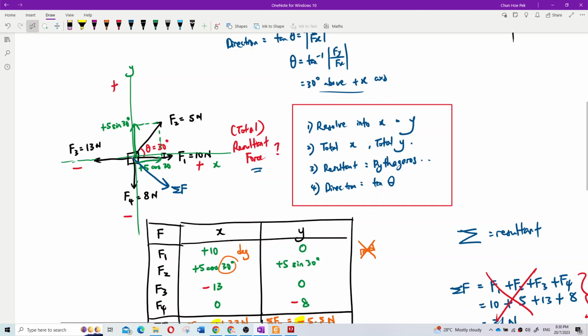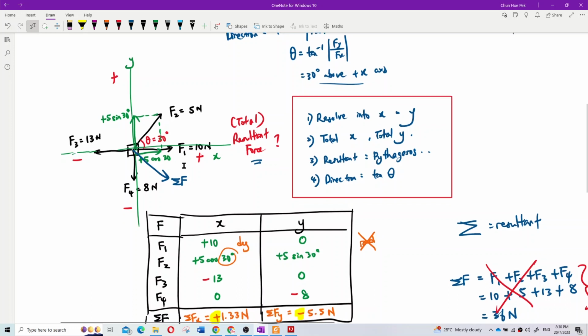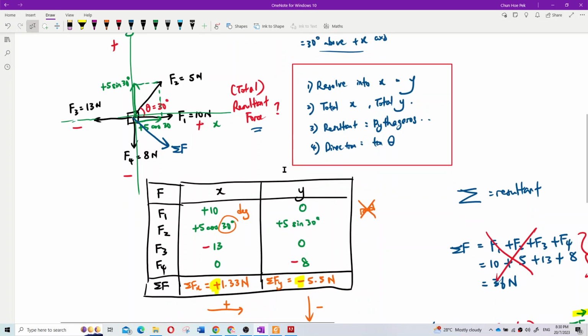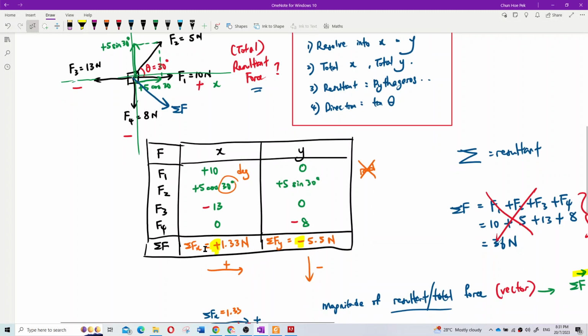Because the forces act in opposite directions, they cancel each other, so they become a lesser force, not a stronger force. You understand, class? So that's why we need to resolve into x and y components. We need to find the total x and total y by considering the positive and negative signs. If there is a positive component and a negative component, they cancel each other and become a lesser force. You see. And then finally, we got the total x and total y already.